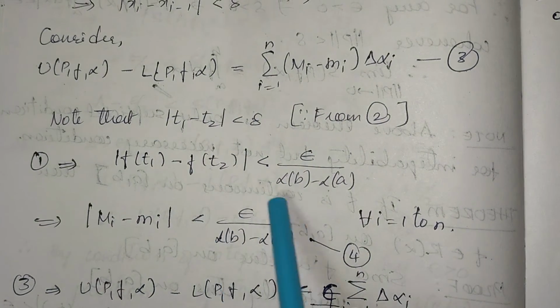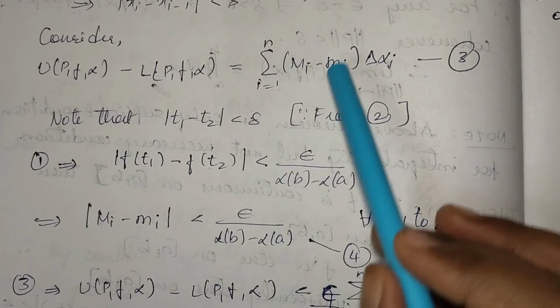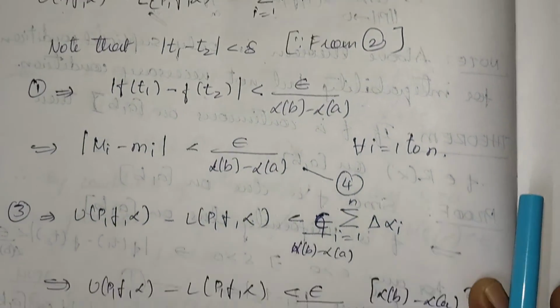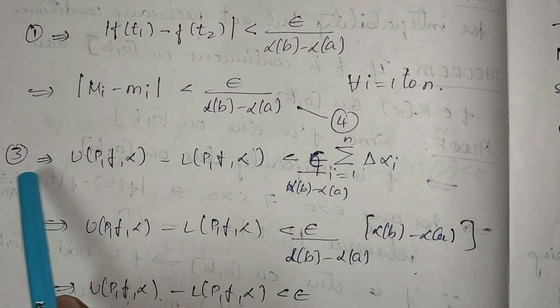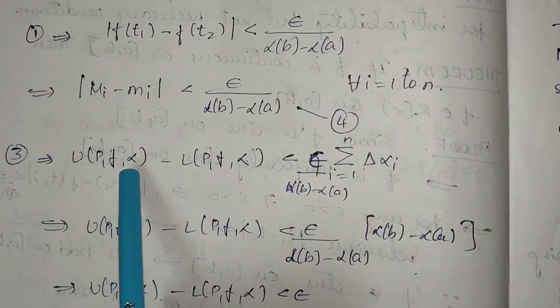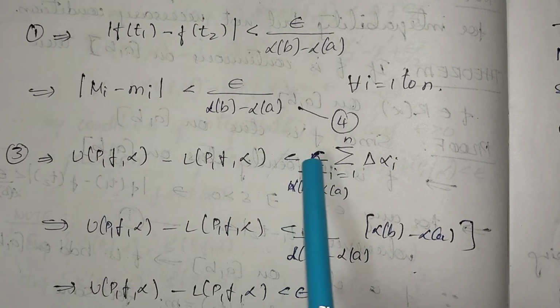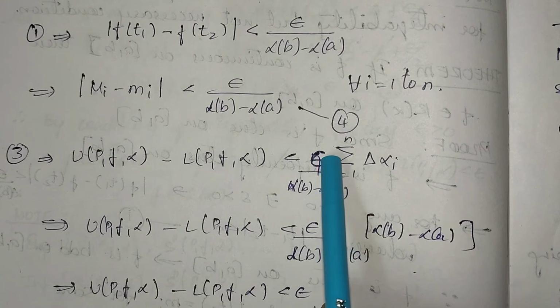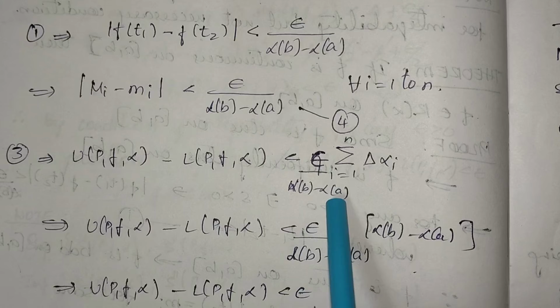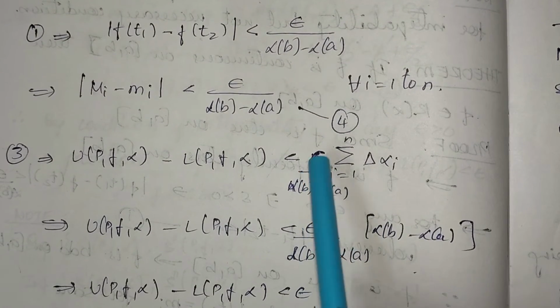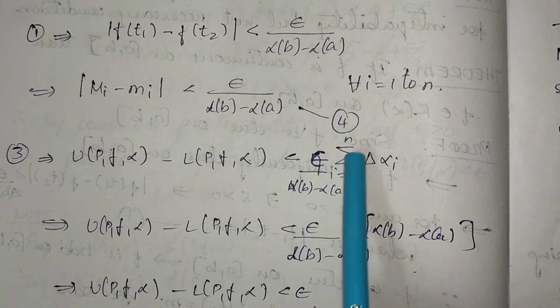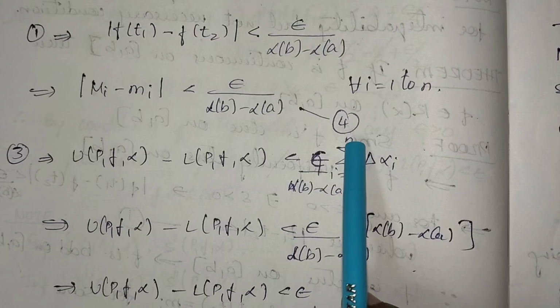So I will use this equation 4 in 3, and that becomes like this. Equation 3 implies U(P, f, alpha) minus L(P, f, alpha) is less than, with epsilon by alpha(b) minus alpha(a) taken outside the summation, as this has nothing to do with the summation i equal to 1 to n.